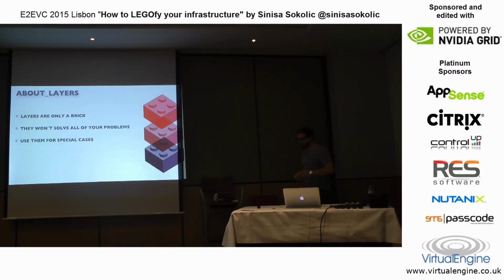So what are layers in that construct? Layers are only a brick. So if I look at this brick, this could be a layer where I install, again, software into it. I think App Volumes is capable of being automatically created to be able to create a task sequence to install applications on top of a layer, seal it, and deploy it to the users.